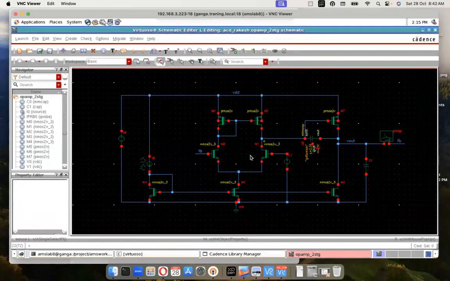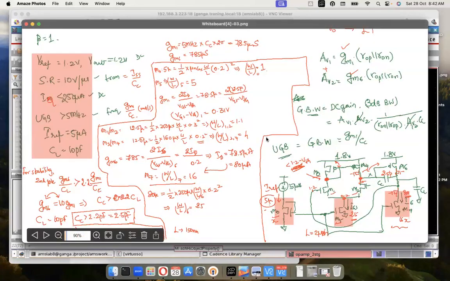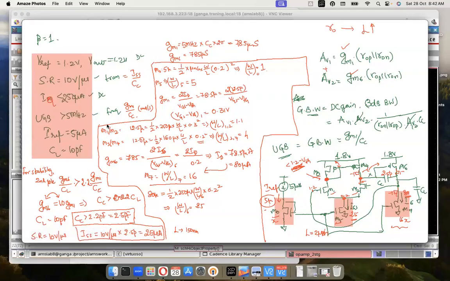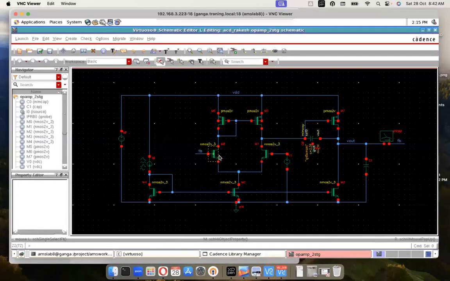We have to now talk about the input transistors. Let's go back to the input transistors. What are input transistors? M1 and M2. Where is M1 and M2? M1 and M2 is here. It says 1.1. Right? Let's go ahead and implement 1.1 at the input.